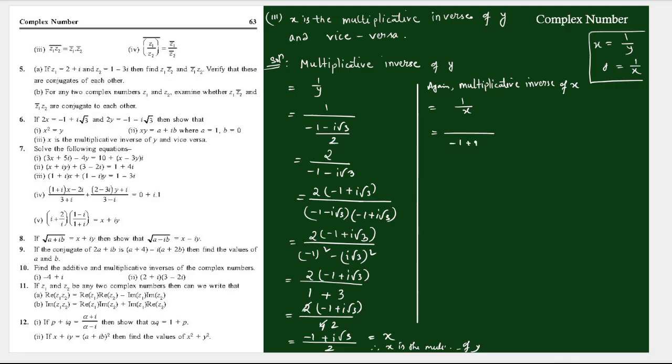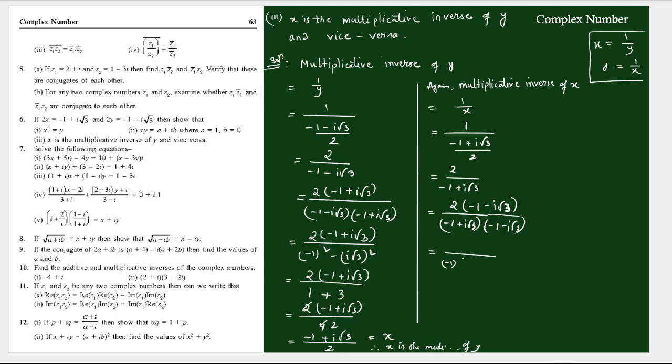Minus 1 plus i root 3 by 2. Right, now 2 will go up, i root 3. Now with the conjugate, minus i root 3. Fine.